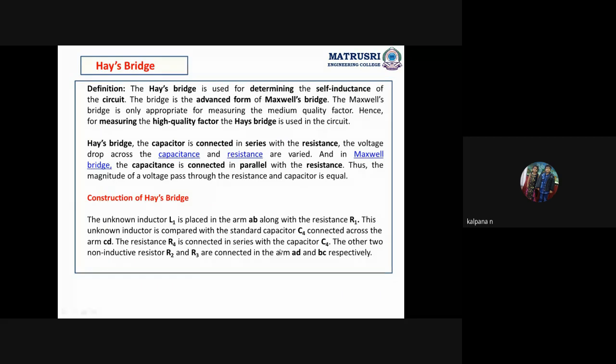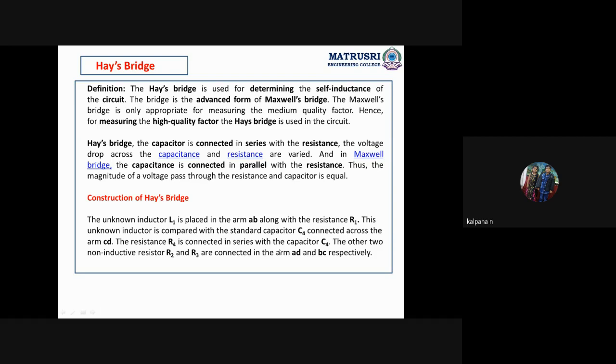So the quality factor tells the quality of the resonance circuit, how the damping will occur. The Maxwell inductance capacitance bridge measures the quality factor of the resonance circuit, but only from 0 to 10.